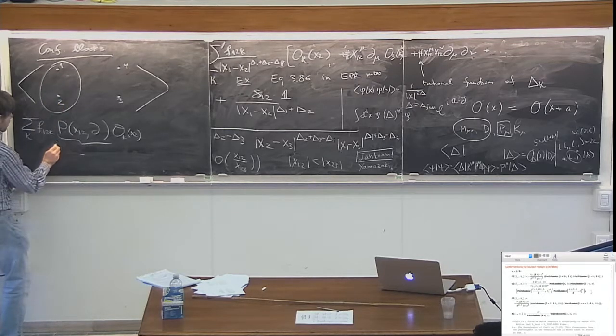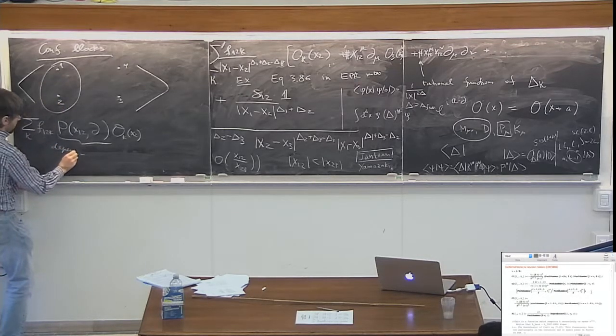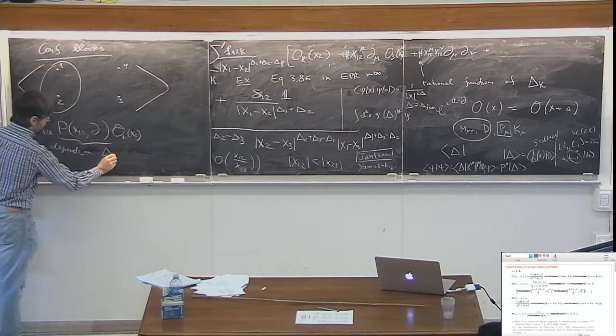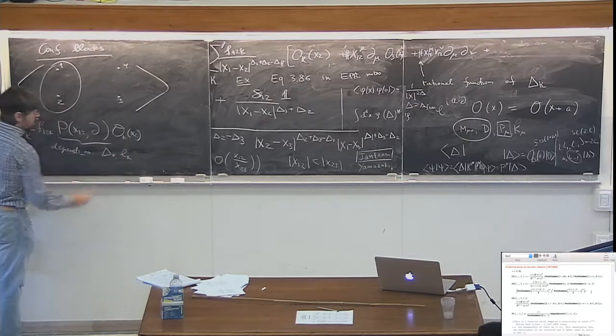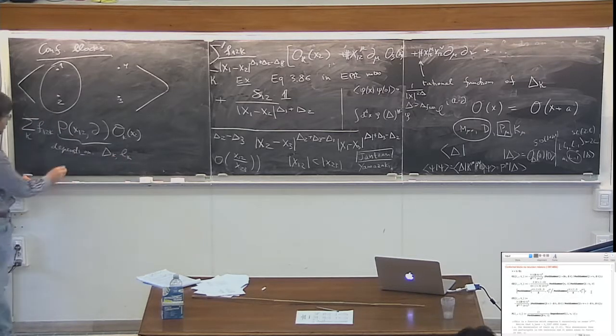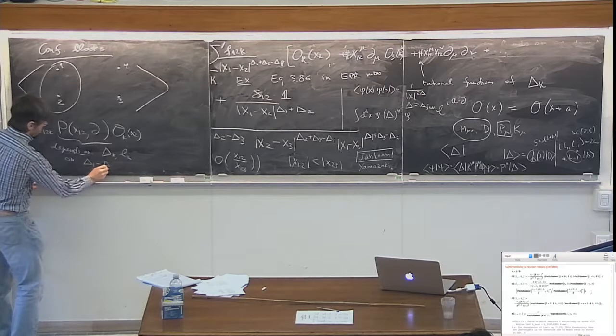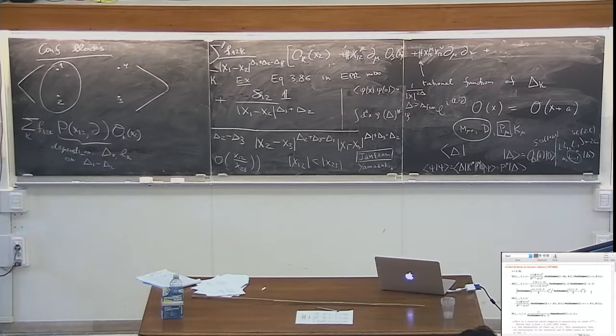So it depends on delta k and lk, of course, on the spin of this exchanged operator, on the difference of the external operator dimensions, and on space-time dimension.